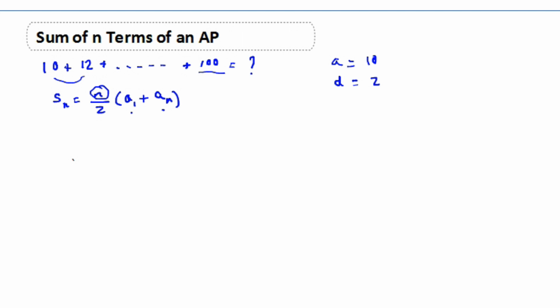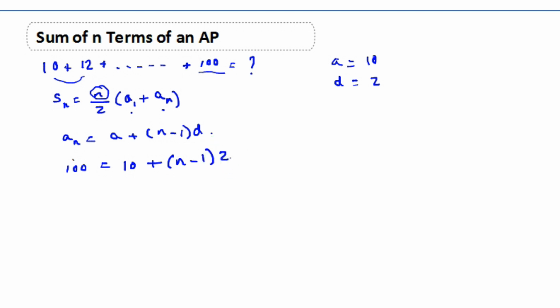We also know that the nth term of any sequence is a plus n minus 1 times d, and we know that an in this case is 100, so we just need to find the value of n. a has a value of 10, plus n minus 1 times d, and d in this case is 2.